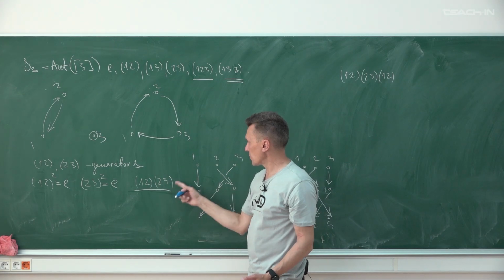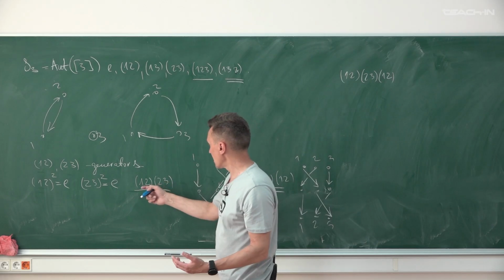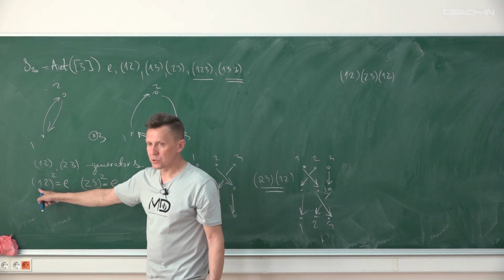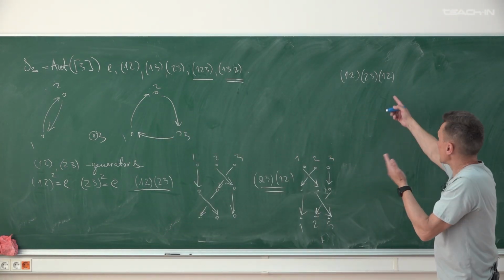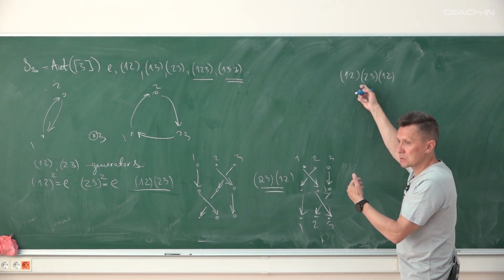So if you multiply this monomial by (2,3), it gets the element (1,2), due to the involutivity of each element. So the only way to compose something of the power 3 is this product. Okay?